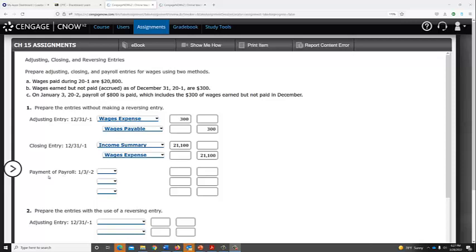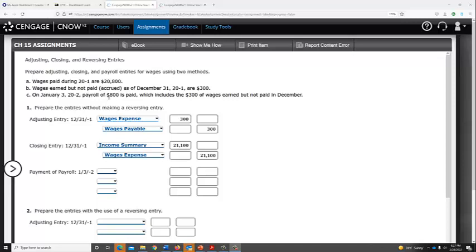So it's time now to pay the payroll in the next fiscal year. Remember, when we make this payment, part of the payroll is for the last fiscal year, and then the other part will be for the current fiscal year. So that's what we have to remember when we prepare the entries without making a reversing entry.